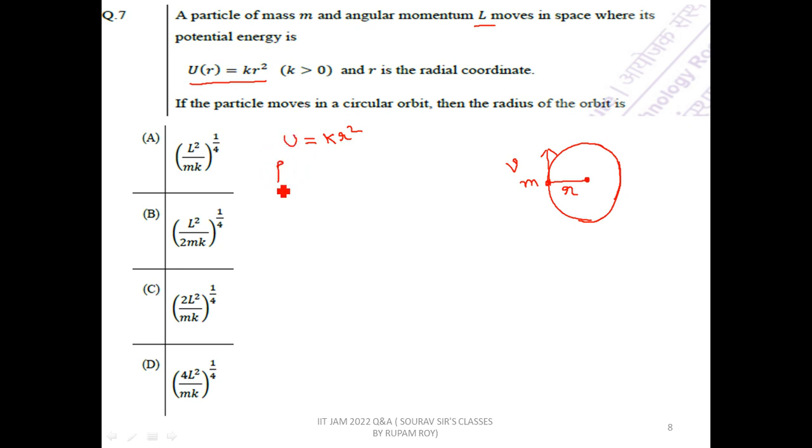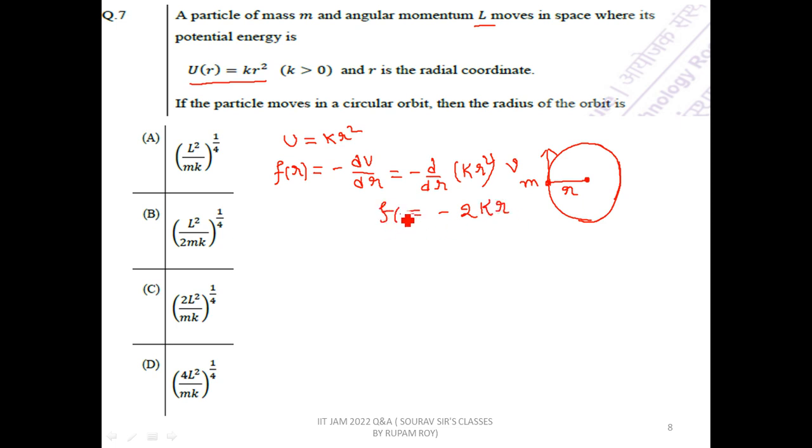So force F of r is equal to, we know that, minus dU by dr, where U is the potential. So d by dr of k r square, that is minus 2 k r.